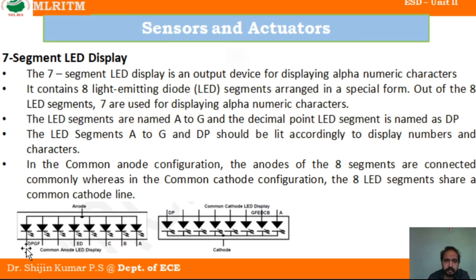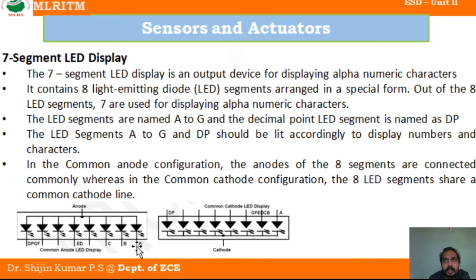We are giving values to the LED, and based on these values, these LEDs will glow and we will get some numbers. The difference is in the common anode LED display: we connect all the anodes together and connect this common anode to the positive terminal of the battery. Then, for the negative terminal, here we will adjust.